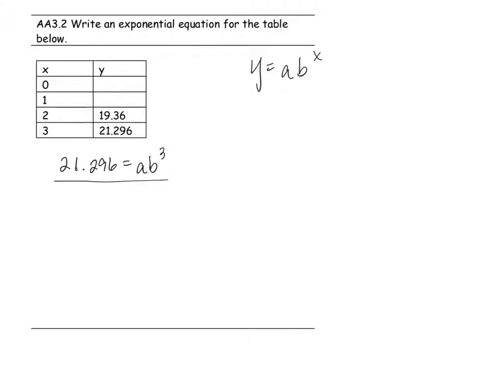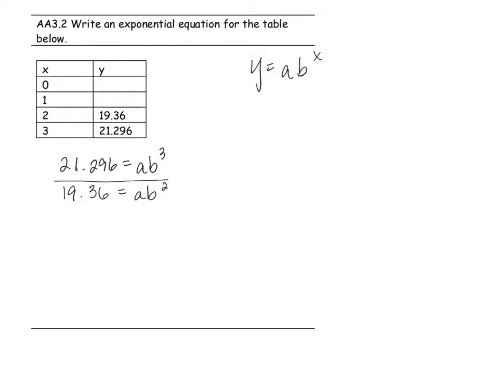Then I'm going to divide that by 19.36 equals ab to the second. Basically, I took this y and plugged it in for y, and that x and plugged it in for x, and did the same with the other y and x.